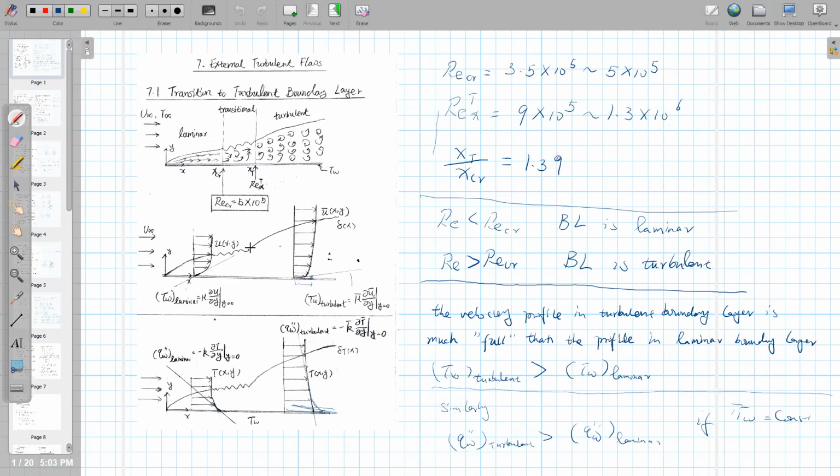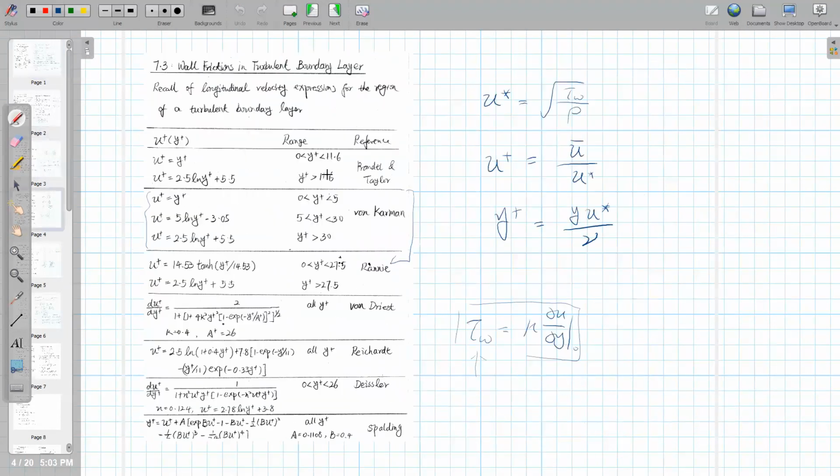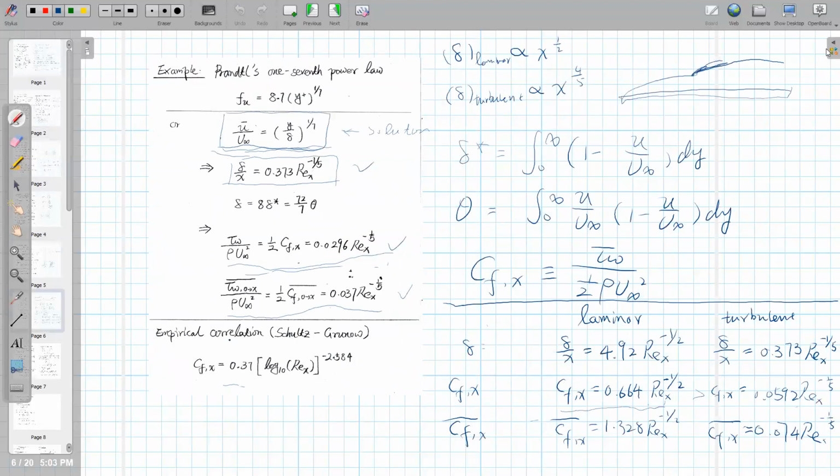That's why the boundary layer will increase, because the wall friction effect will extend to a larger distance. Although this coefficient looks bigger than this one, you cannot just compare the coefficients directly, because the Reynolds number in the laminar cases will be much smaller than the Reynolds number in the turbulent cases.